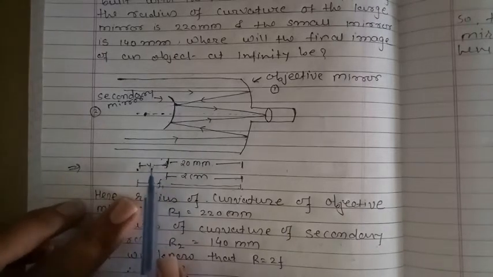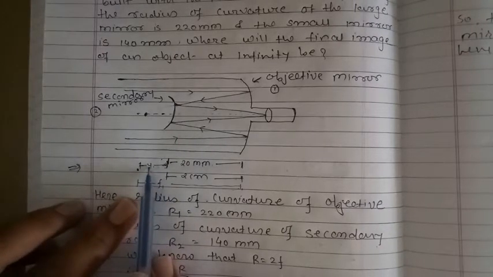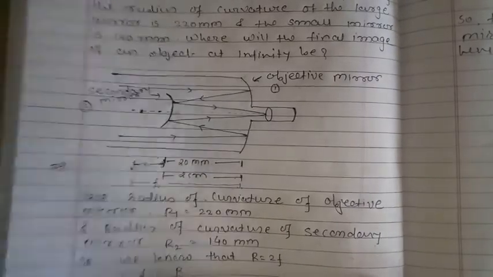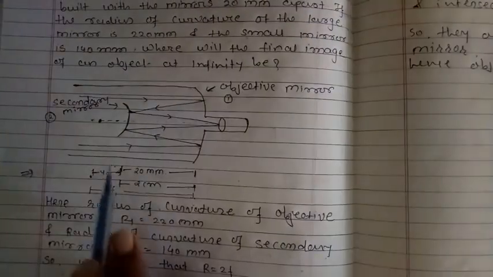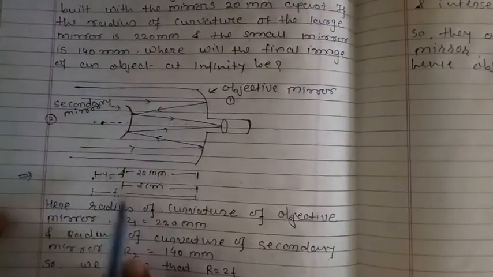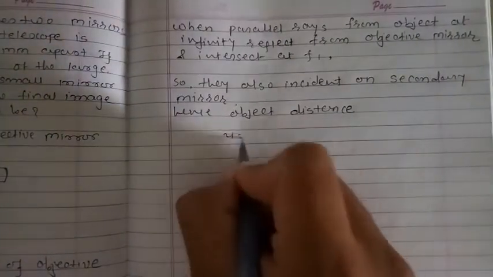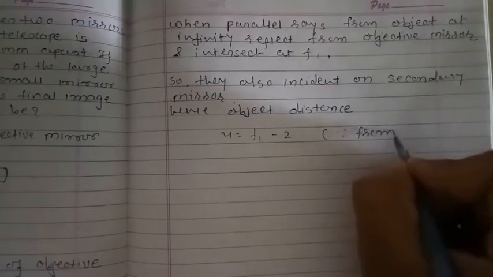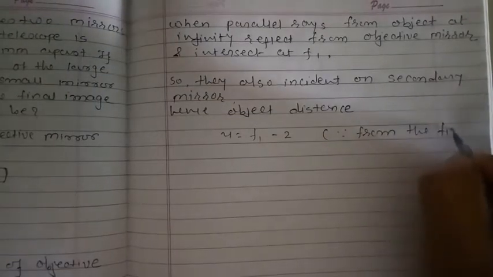So u is equal to f1 minus 2, right? Hence the object distance, u is equal to f1 minus 2, we can say from the figure, right?